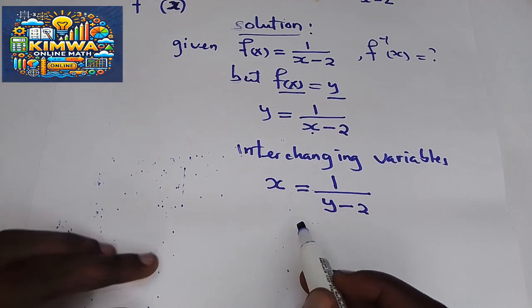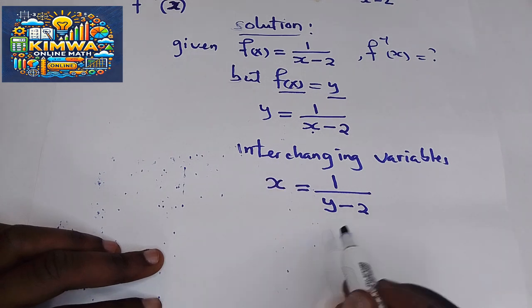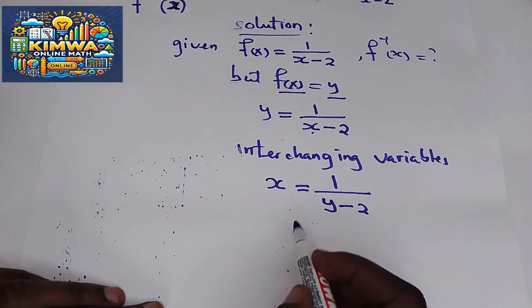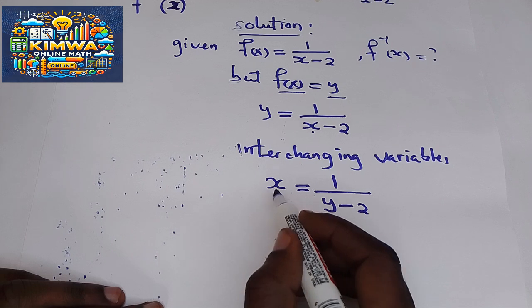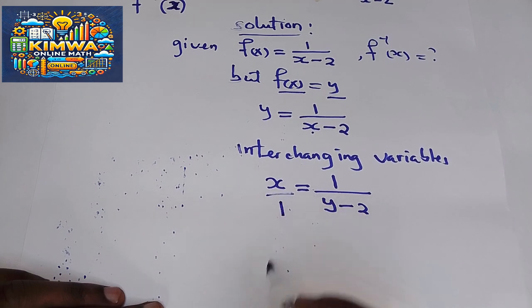It means that we have to break down the fraction. On the left hand side there is no fraction, but on the right hand side there is a fraction. So we write the denominator on the left hand side: here it will be x over 1.